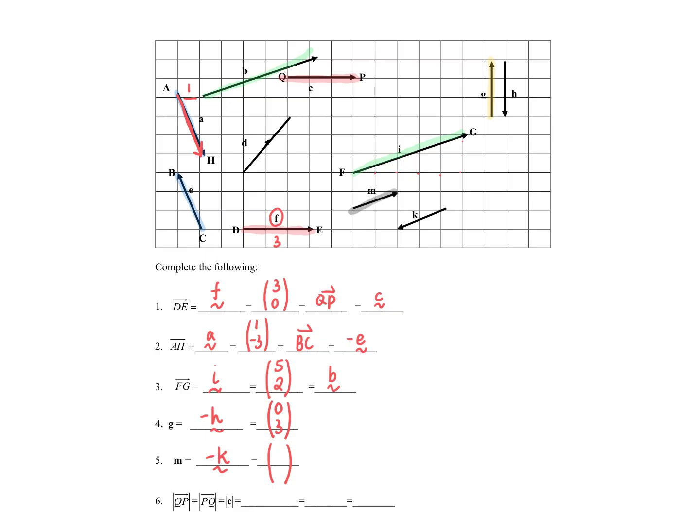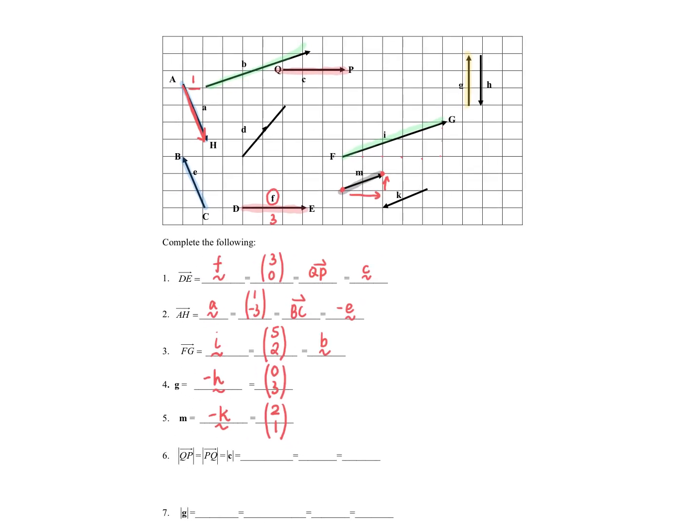If I'm moving from here to here, how many units did I move to the right and upward? X direction 2, so this one is 2. Y direction goes 1. So your column matrix is (2, 1). So move 2 units to the right, go upward by 1.